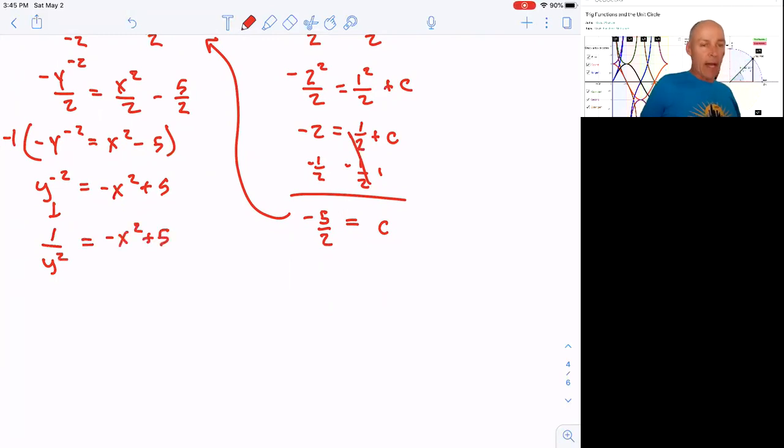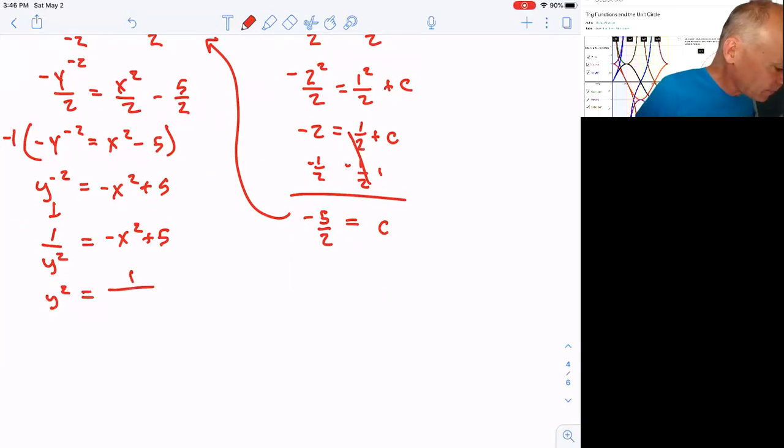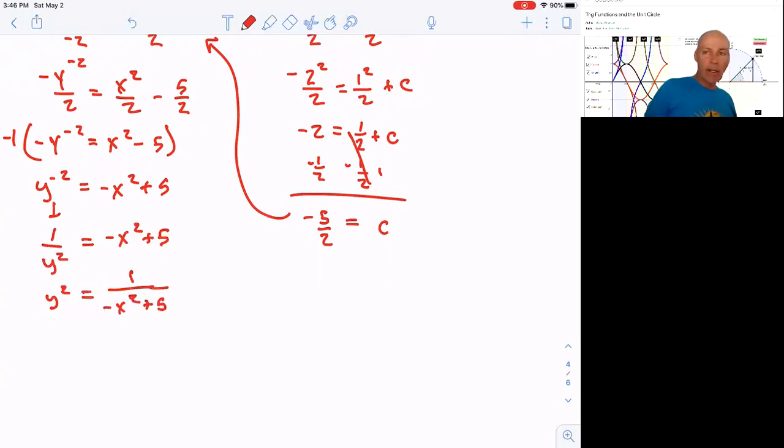Okay, now what I want to do is flip both sides of my equations. So I'm just going to take the reciprocal of the left side. I'm just going to get y squared over 1. And then I'm going to flip the right side, and I'm going to get 1 over negative x squared plus 5. See what I did there? I just flipped both sides of my equations.